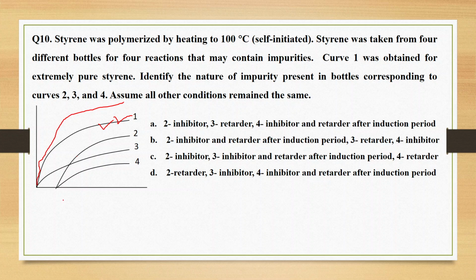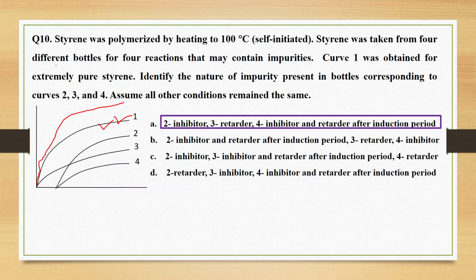When you polymerize, you do not get a curve like the pure one, but instead you get this kind of curves. So now you have to understand what were the types of impurities that can lead to this kind of graphs. Okay, so the correct answer, as everyone has said, is the second one.